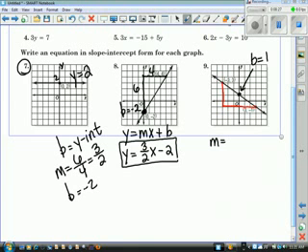So you go down 4, 1, 2, 3, 4. You go down 4 and over 1, 2, 3, 4, 5, 6. Down 4 over 6, so it's -2/3. So what is the equation? Easy, easy, easy, right?